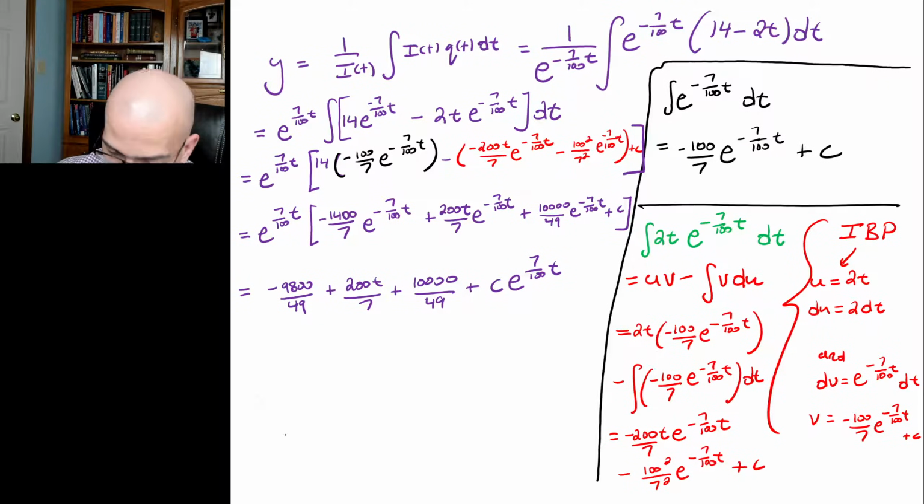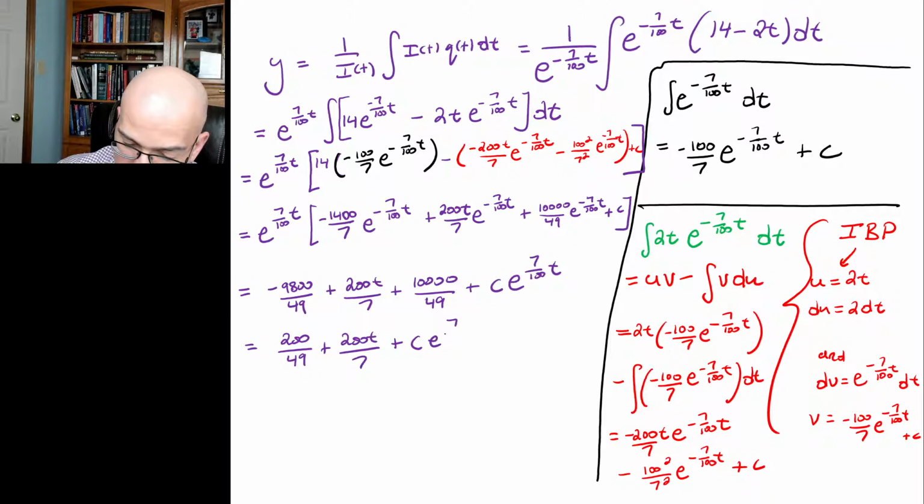Okay, let's collect those like terms. Negative 9,800 plus 10,000 is positive 200. So we get 200 over 49 plus 200t over 7 plus c e to the 7 over 100t.